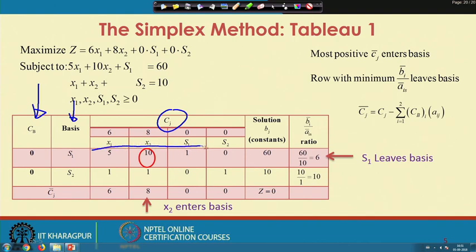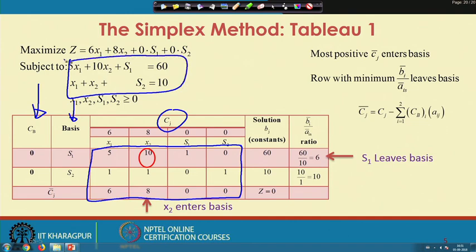This part is basically the coefficients of these constraints. So, note 5, 10, 1 and 0 for S2.